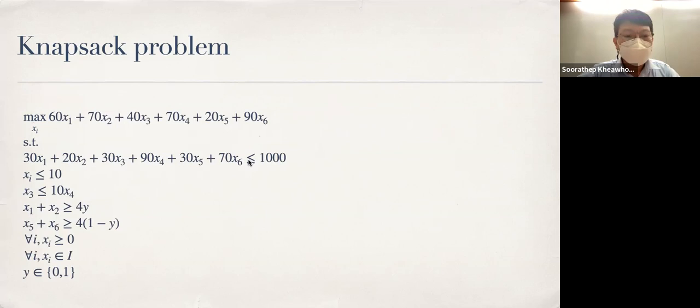And the constraint 30x1 plus 20x2, 30x3, 90. And non-negativity. And xi must be integer. And y is logical, 0 or 1.